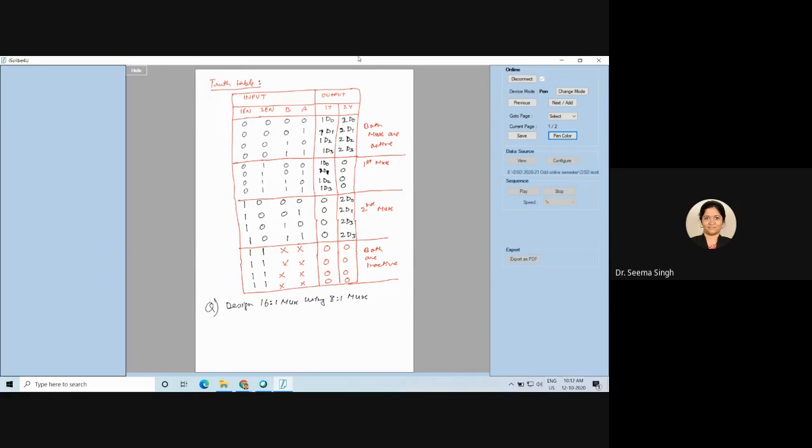Okay. Now, you all know that your 8:1 mux is having 3 select lines, right? So those 3 select lines will become A, B, C. What will happen to D? See, when I say 16:1 mux, you have your 4 input variables, no?